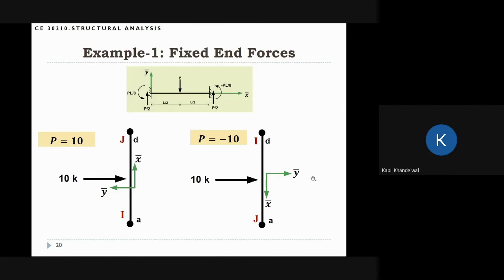And so if the orientation of the member is like this, then I have to input the data of P is equal to -10 in the program, okay? So I have to be careful when I'm putting these values. First, I should know what's the orientation of the members. So it means that for the beam member, there's an additional thing you have to worry about. What is the orientation of these local axes?